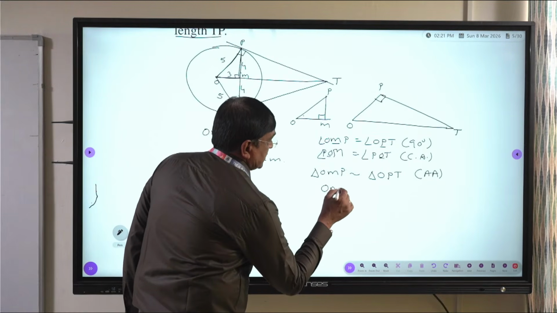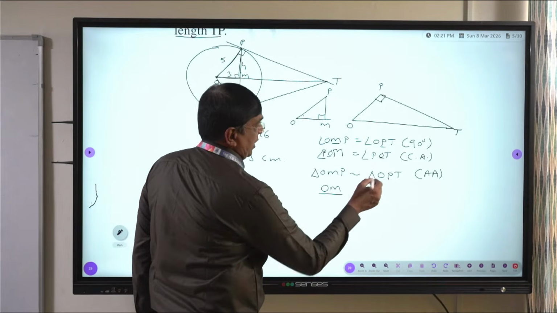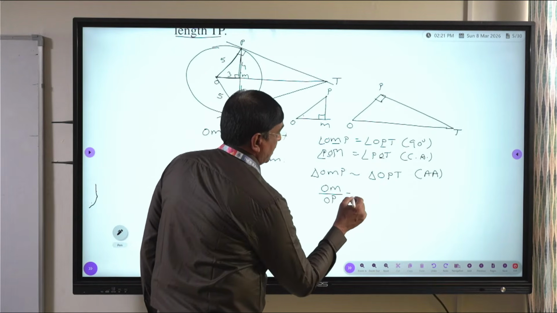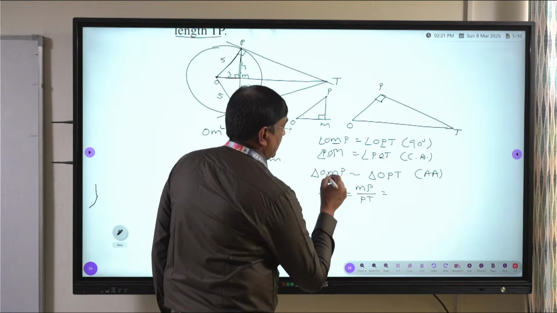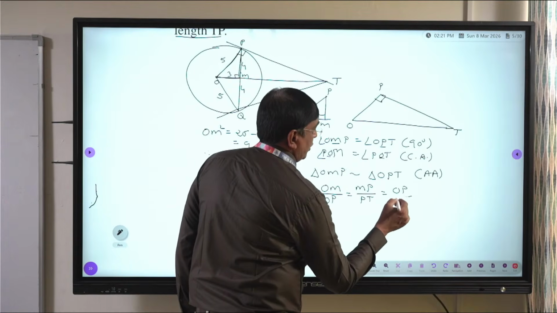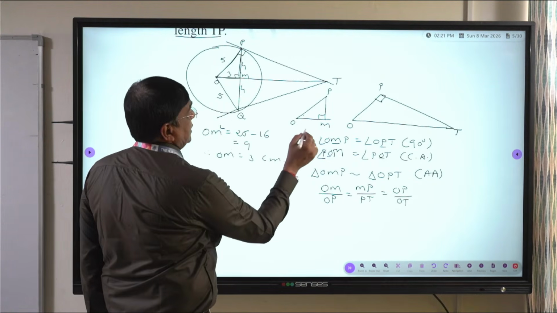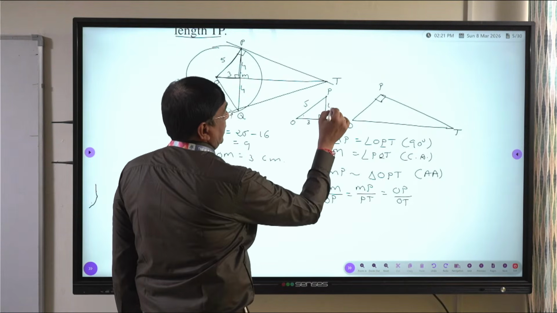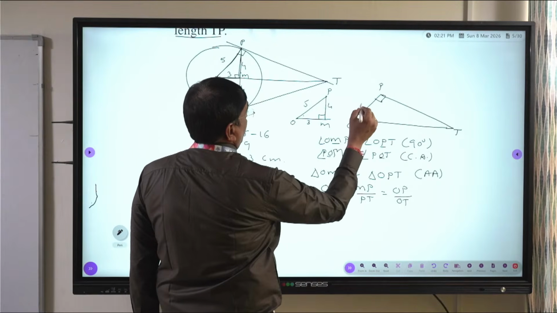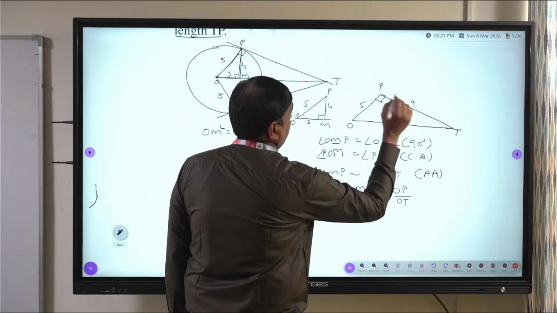If triangles are similar, sides are in same proportion, that is OM by OP, MP by PT equals OP by OT. Now OM is 3, OP already 5, PM 4. We don't have OT and PT, but we require PT.